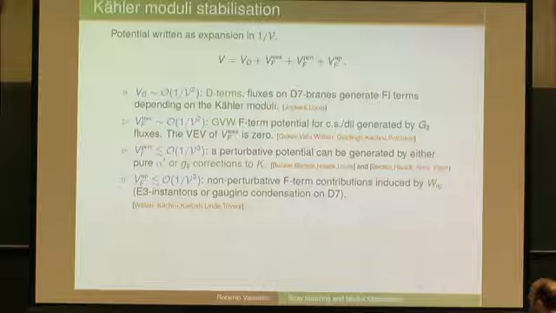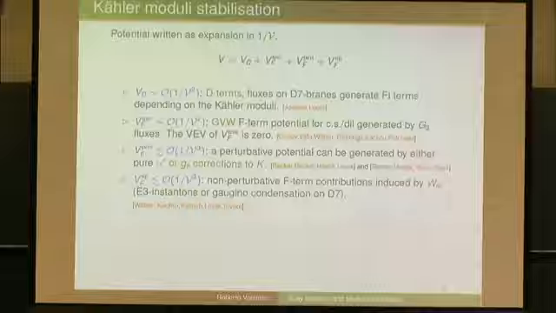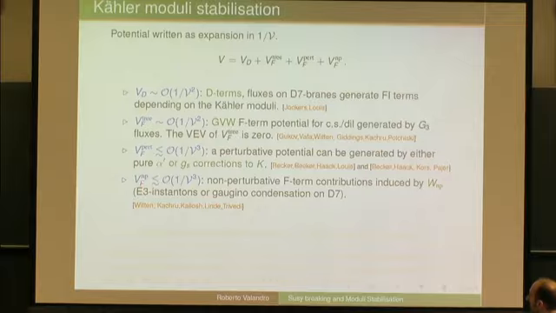These are the leading terms. Then at subleading order, order 1 over the volume cubed, we have a perturbative potential that can be generated by either the alpha prime correction that we have seen, or some g_s corrections that we are not going to talk about here, because they are even subleading with respect to the alpha prime. And also we have a non-perturbative superpotential that generates a term of order 1 over the volume cubed.